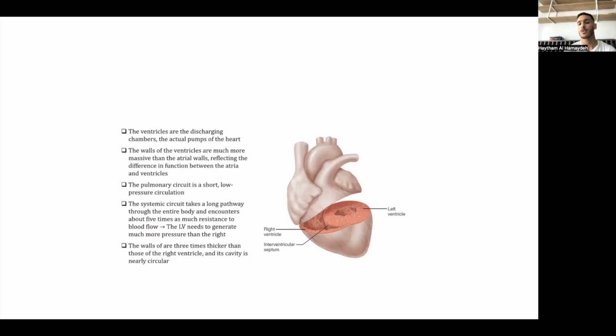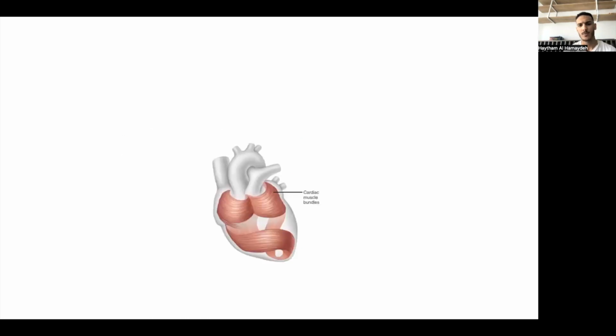That is the main power towards it. So we just need less muscle mass on the right ventricle. Let's see here. The systemic circuit takes a long pathway. Yes, so that's it. There you go.